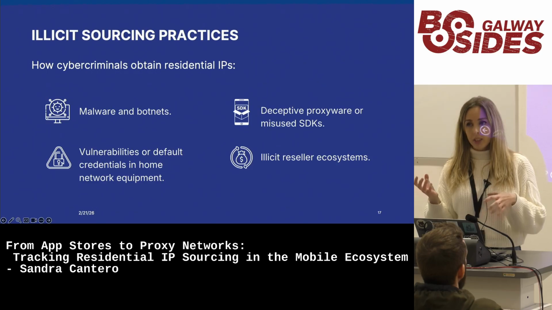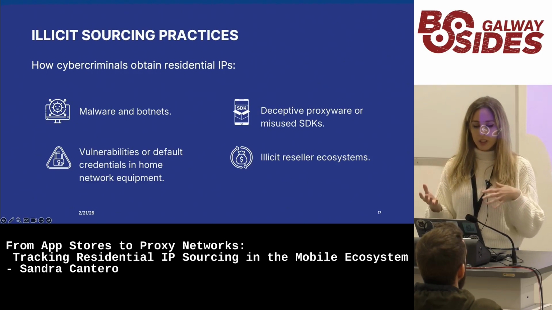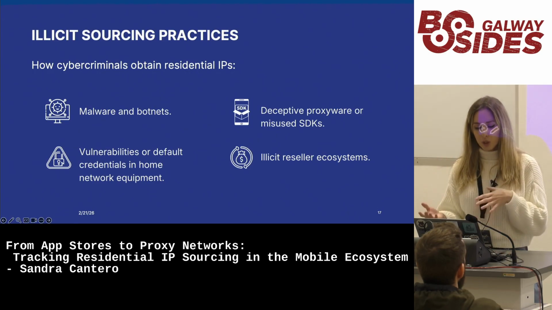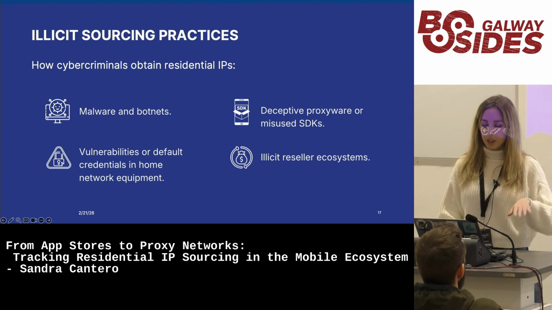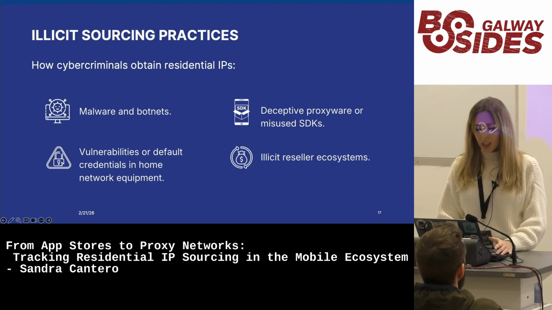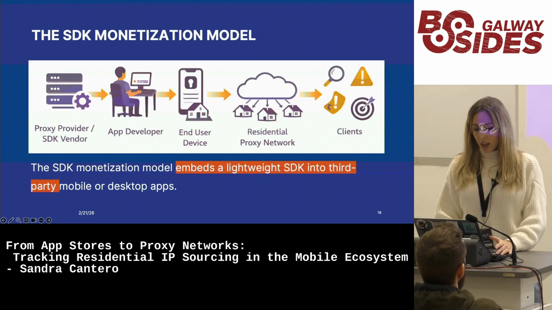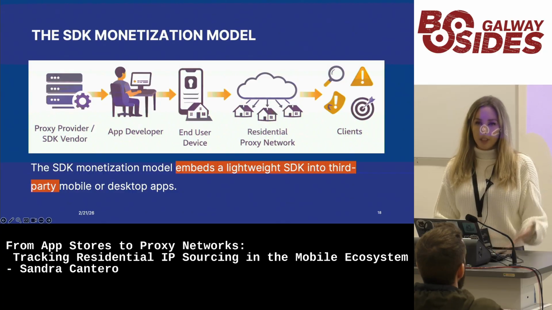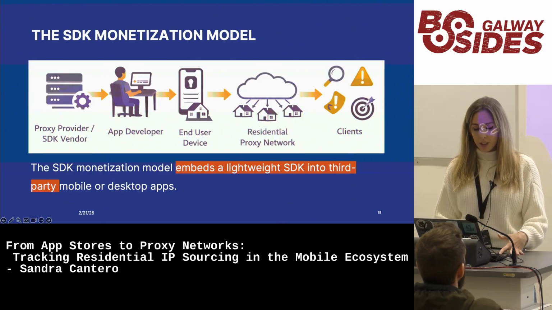Because those providers, the legit ones, also have some reseller models, so malicious actors or cyber criminals can be part of these reseller ecosystems and then resell those IPs via illicit means.